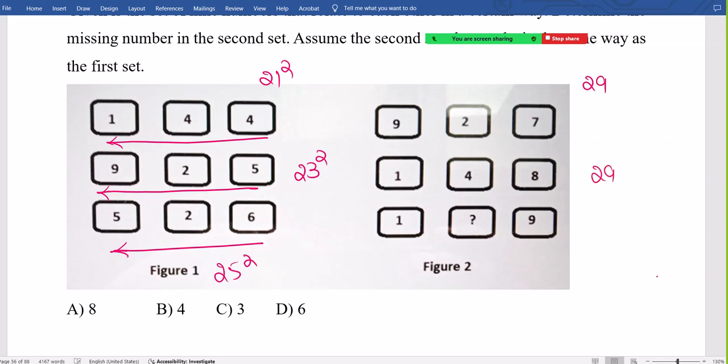This is 29 squared. This is 31 squared, 961. The answer is 6, 29 squared, 841. 27 squared is 729, reverse. Plus 2, plus 2, plus 2: 21, 23, 25, 27, 29, 31. Perfect squares, if you learn, this is the advantage. So we should have the idea regarding perfect squares.